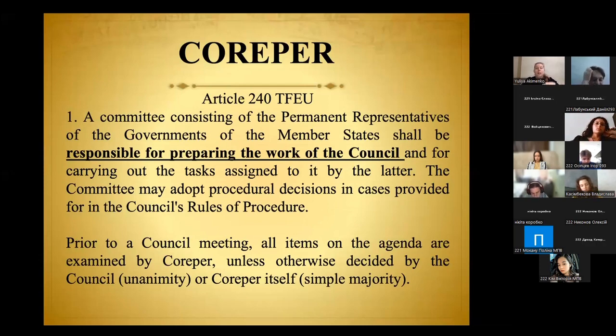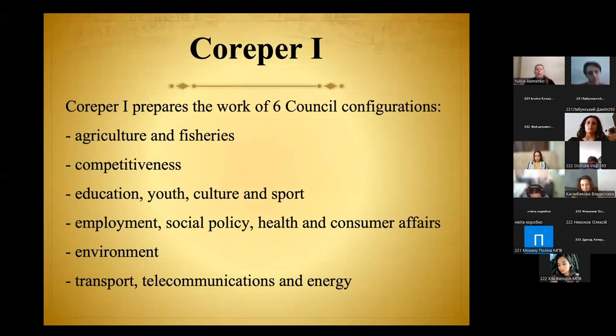Prior to a council meeting, all items of the agenda are examined by COREPER, unless otherwise decided by the council or COREPER itself. And these items have to be very carefully examined by the representatives, national deputies, and by the council who will work with these issues during the meeting. COREPER 1 prepares the work of 6 council configurations: agriculture and fisheries, competitiveness, education, youth, culture and sport, employment, social policy, health and consumer affairs, environmental issues, transport, telecommunications, and energy.